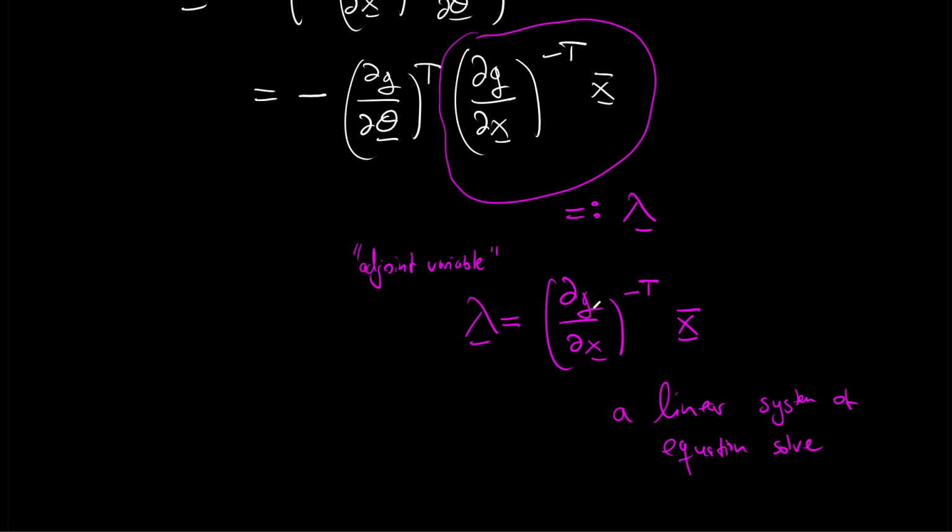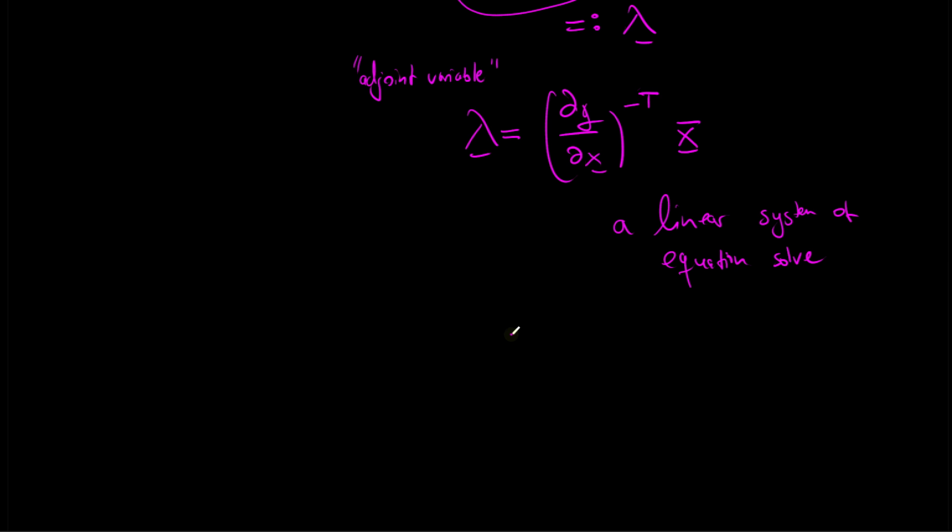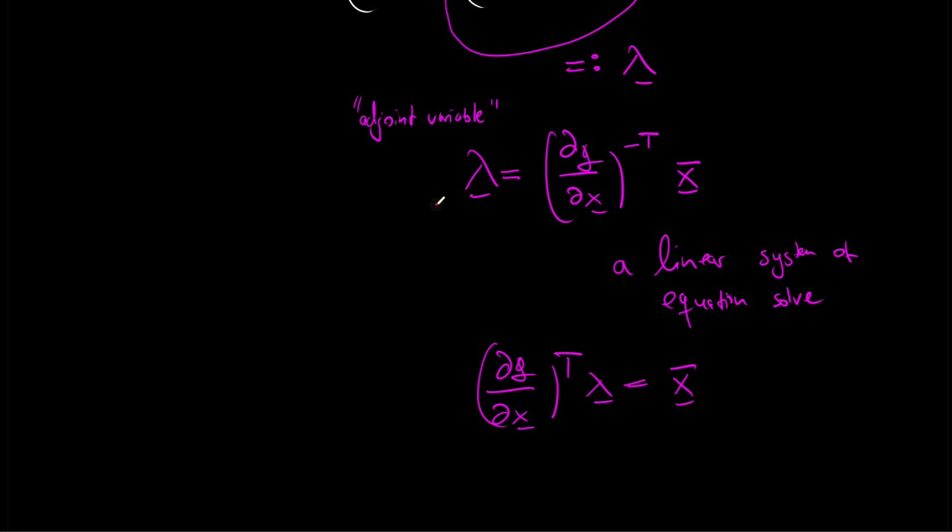If we multiply with dg by dx transpose from both sides, we get dg with respect to x in brackets transpose times lambda is x bar. And here we also clearly see that lambda is of the same shape as the output, or also the cotangent on the output. So lambda is another n-dimensional vector.